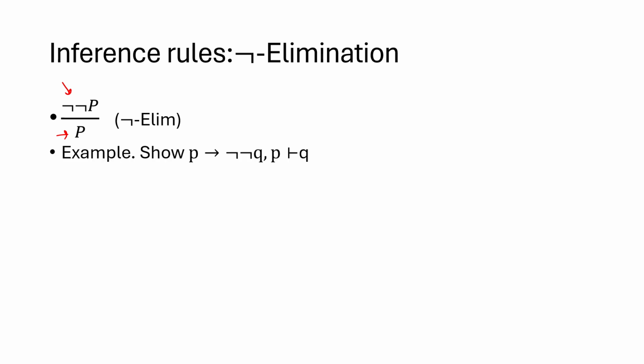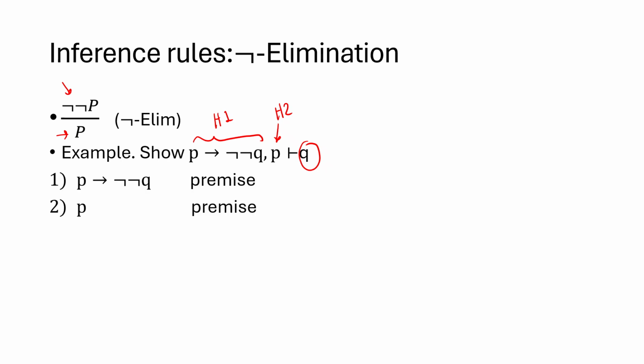So here's an example. Again, we have two premises. P is one of my premises, and this thing is my second one. So hypothesis 1, hypothesis 2. And then my conclusion is Q. So again, I start by listing my premises, premise number 1 and 2. And then if you look at 1 and 2, one says if P then not Q, and second one says P. So by using arrow elimination, we can get not Q. So from line number 1 and 2 using arrow elimination.